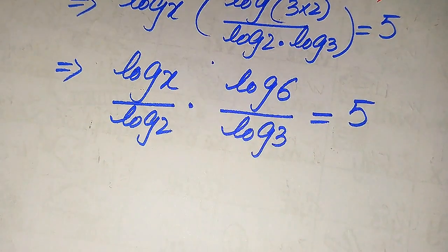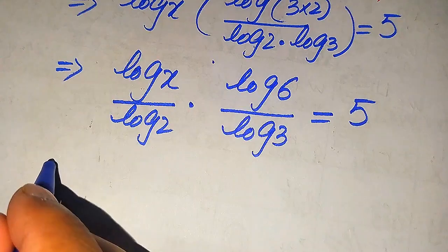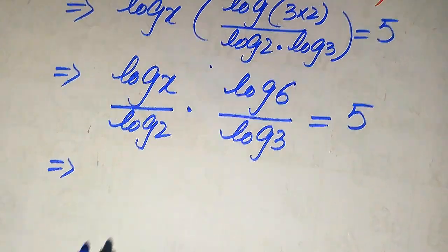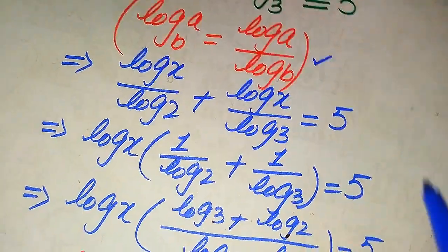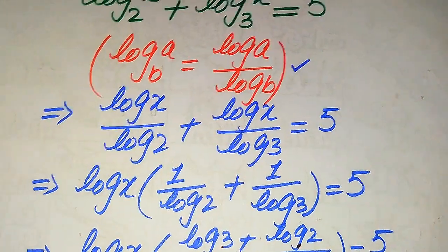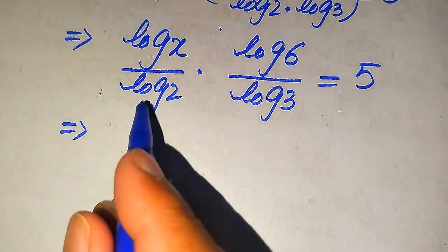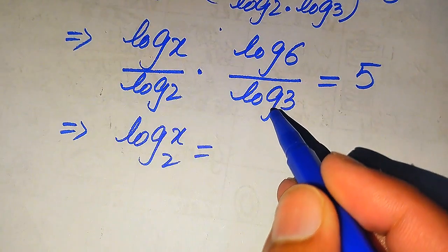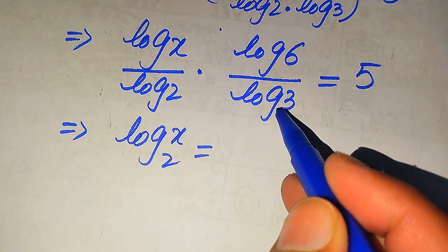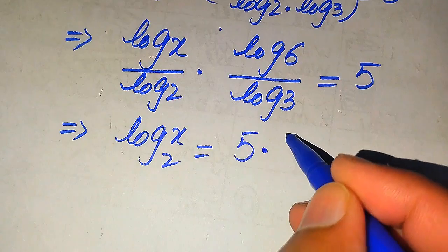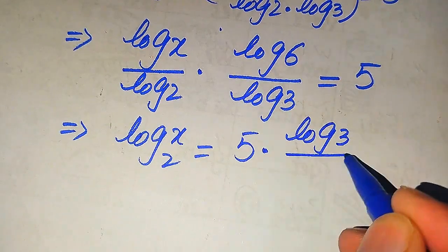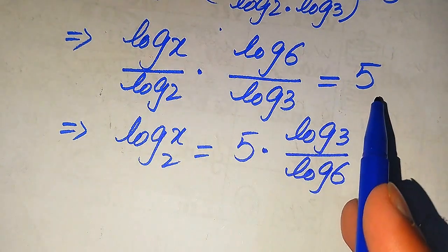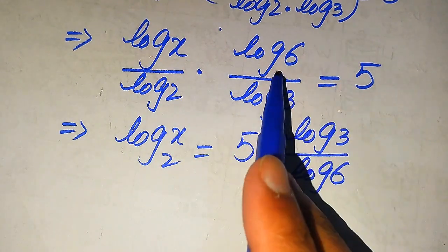Further in the next step we move these two terms to the right hand side, and here we again apply this property of log and combine these two terms. It will be written as log of x with base 2, and you see that this log 6 over log 3, when we move it into the right hand side, becomes log of 3 divided by log of 6, because it is divided here, and when we move it to the right hand side it is multiplied by 5.